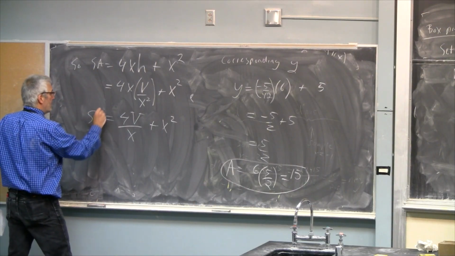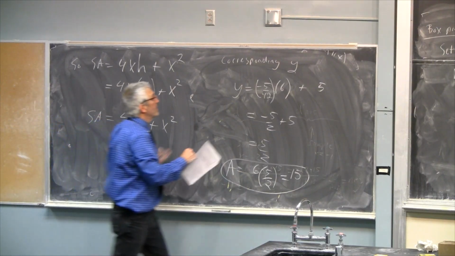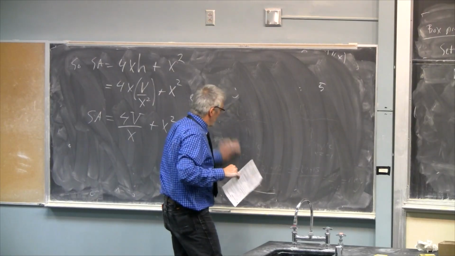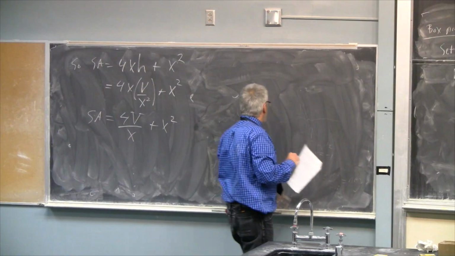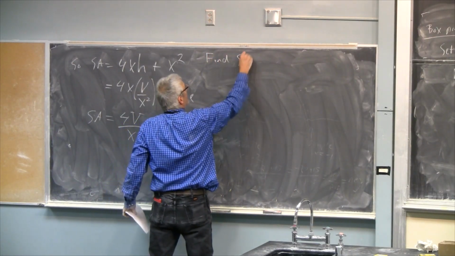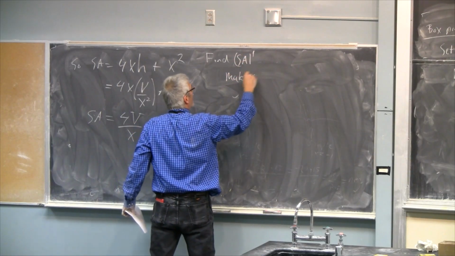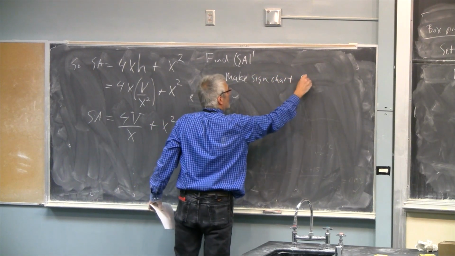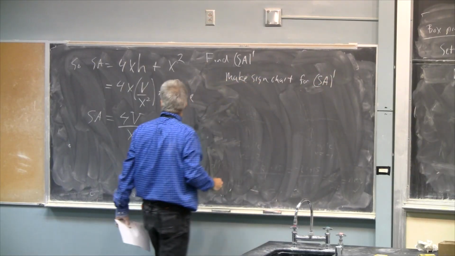Okay. Now I want to race through the end here. I want to find the critical numbers: find the surface area prime and make a sign chart for it.